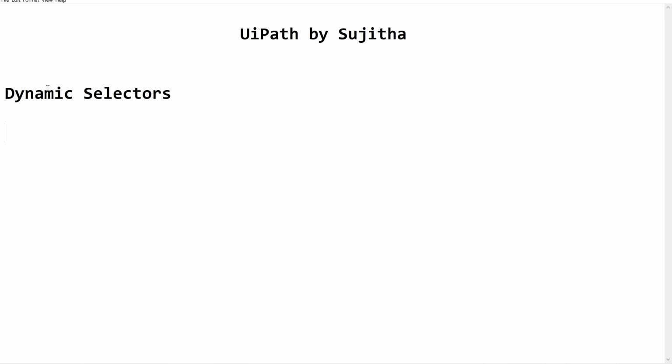To avoid that, we need to make our selectors dynamic enough, so that they will work in any situation, right? If your selector is going to work in all the situations, your automation is 100% reliable, right?